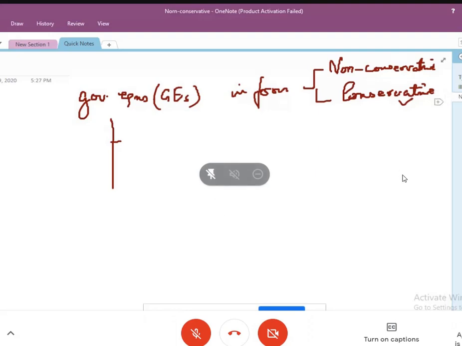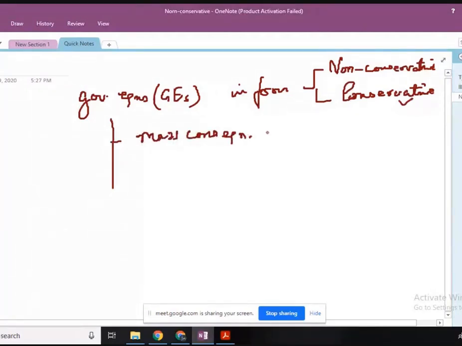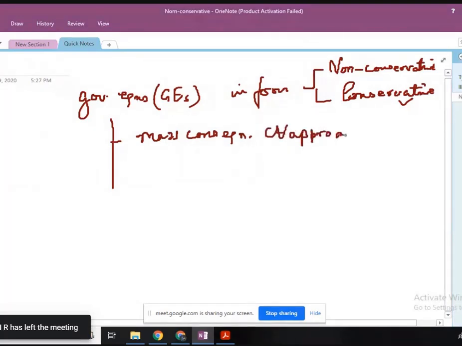For example, we discussed the governing equation, the mass conservation equation, starting with the control volume approach, which was a conservative form.